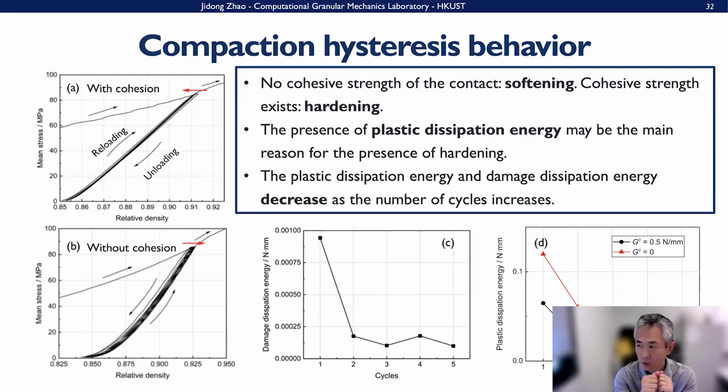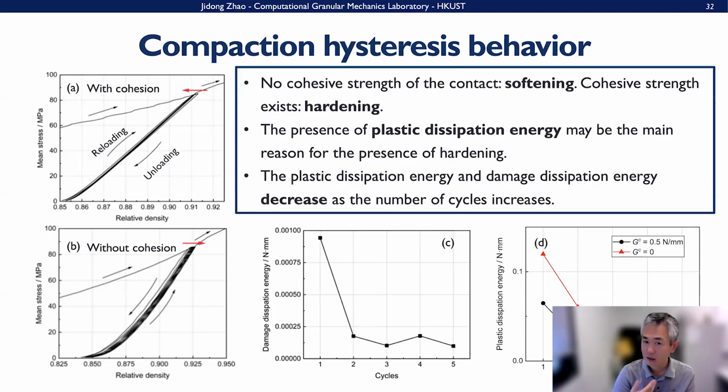And then when we shear it, that cohesion breaks up, that's called damage. But here the plastic deformation refers to the shear deformation and volumetric deformation that develop and leave a permanent deformation for the particle. That is called plastic dissipation here, right?